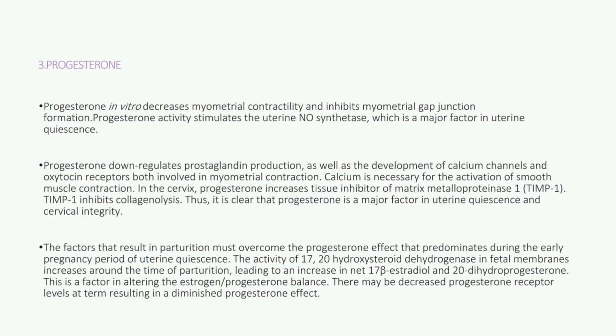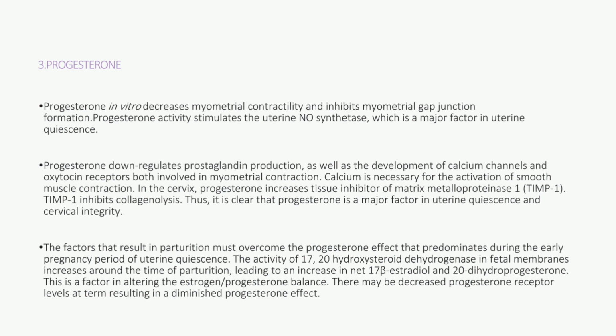In the cervix, progesterone increases tissue inhibitor of matrix metalloproteinase 1, which inhibits collagenolysis. Thus, it is clear that progesterone is a major factor in uterine quiescence and cervical integrity. The factor that results in parturition must overcome the progesterone effect that predominates during the early pregnancy period of uterine quiescence.